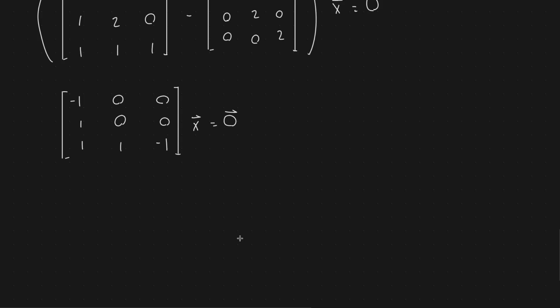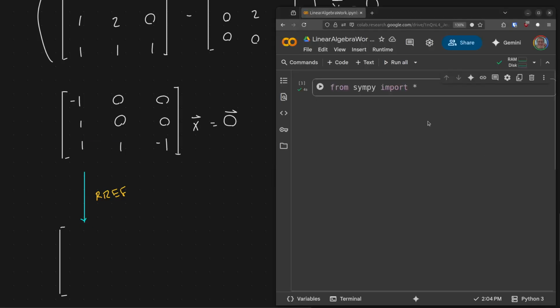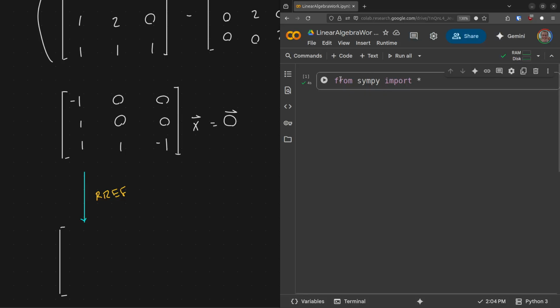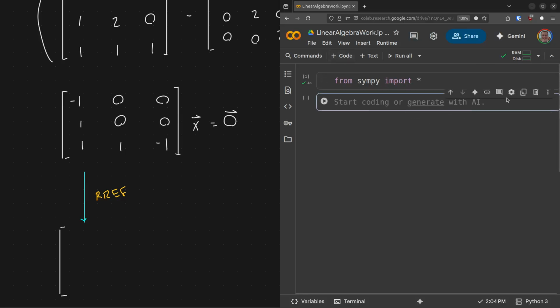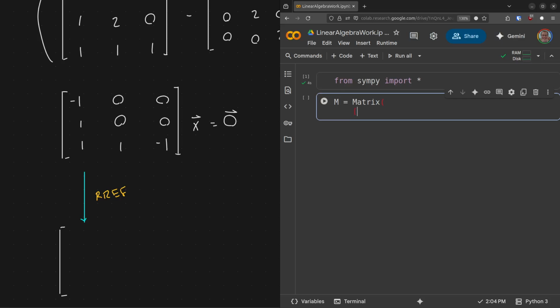So let's get this into reduced row echelon form. Here I will use the calculator. My matrix: the first row is negative 1, 0, 0, the second row is 1, 0, 0, the third row is 1, 1, negative 1.